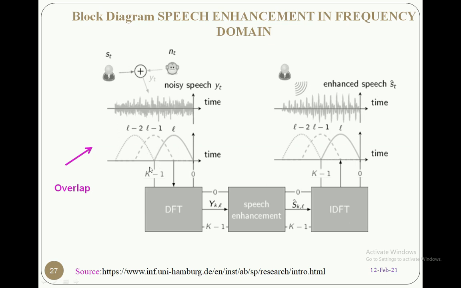Why? Because overlap windowing is applied, so the overlap add and save method is used to get back the actual time domain signal, which is the enhanced speech signal. So with these steps, framing and windowing, and overlap add and save, we are reconstructing the time domain signal.